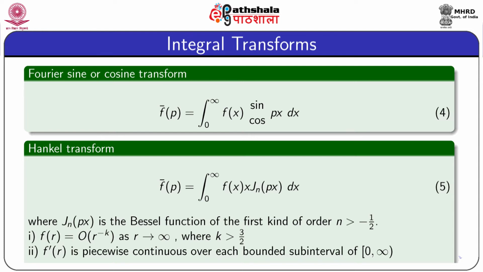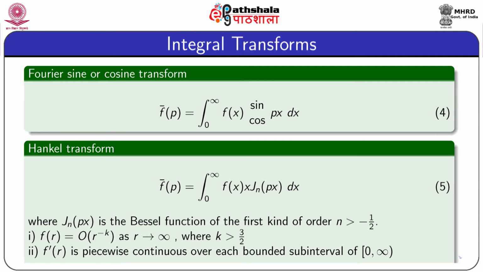There is another popular transformation which is known as the Hankel transformation, defined as f bar p equals integration 0 to infinity f(x) x Jn(px) dx, where Jn(px) is the Bessel function of the first kind and of order n, where n is greater than minus half.